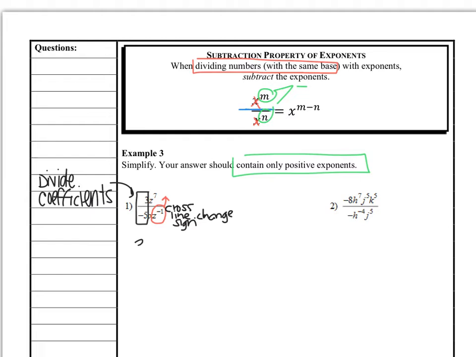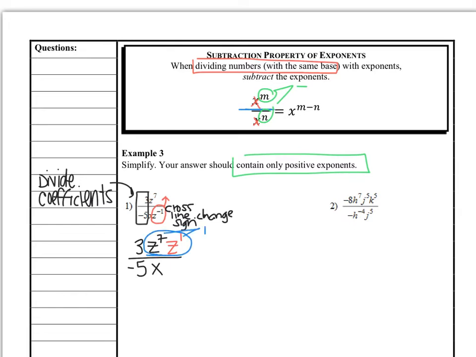So now we have that 3 over negative 5 staying because nothing else can happen with it. The x on the bottom stays and so does the z on the top to the 7th. But now that z to the negative first goes up and becomes z to the positive first. So you can see that that's pretty much the only thing that has happened at this point. Then what I'm going to do is deal with this numerator. On this numerator, I notice that I have z to the 7th and z to the 1st.